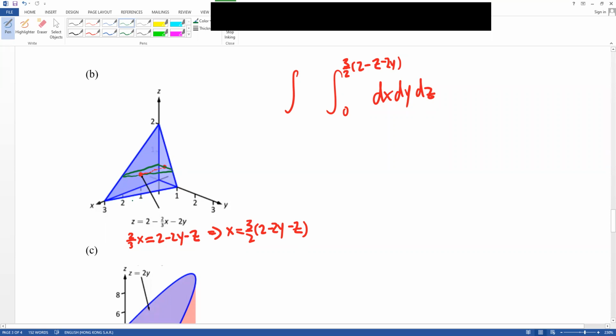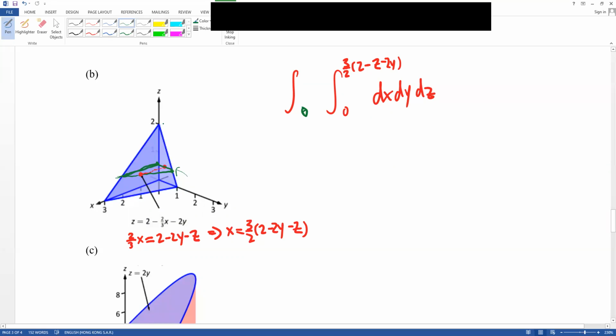Again, I want to know the y position of this edge, and then the y position of this edge. The y position of the first edge is easy. It's just 0. So what about this one? I need to know the y position of this corner, this point here.